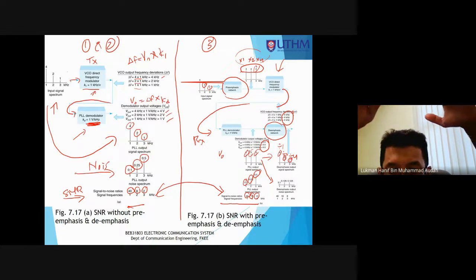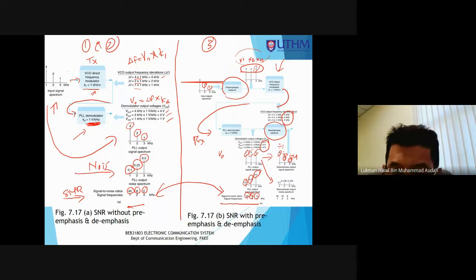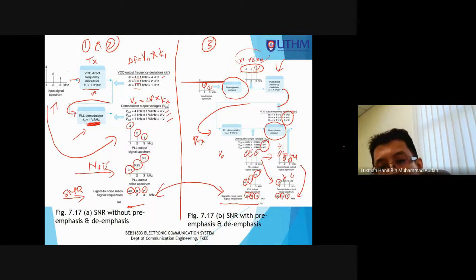So I reduce at the same rate. Same with the noise: 0.1 divided by 1, 0.25 divided by 2, 0.5 divided by 4, so 0.125, 0.125. So the SNR remains the same, which is 40, 16 and 8. So pre-emphasis and de-emphasis will improve the SNR.